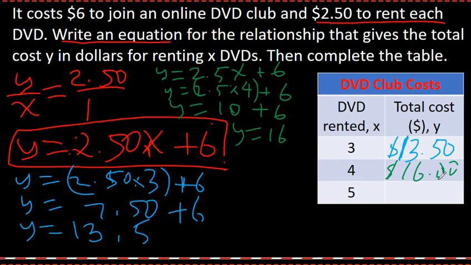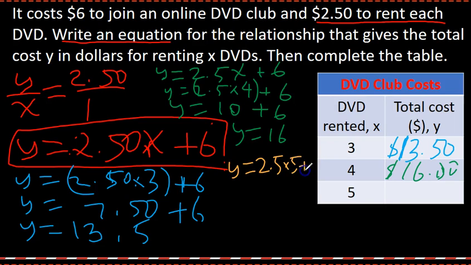All right, the last one, how about if you rent 5 DVDs? The same thing. So you have 2.5 times 5 plus 6.